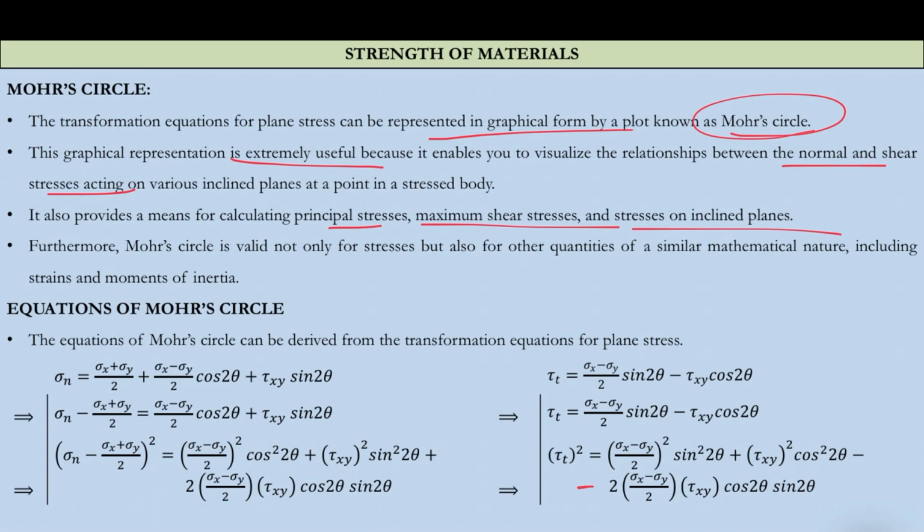He took all the theta terms on the RHS and all the remaining terms on the LHS. So you can see on the left only sigma n minus sigma x plus sigma y by 2, and here only tau is there, because both the terms on the right have theta.